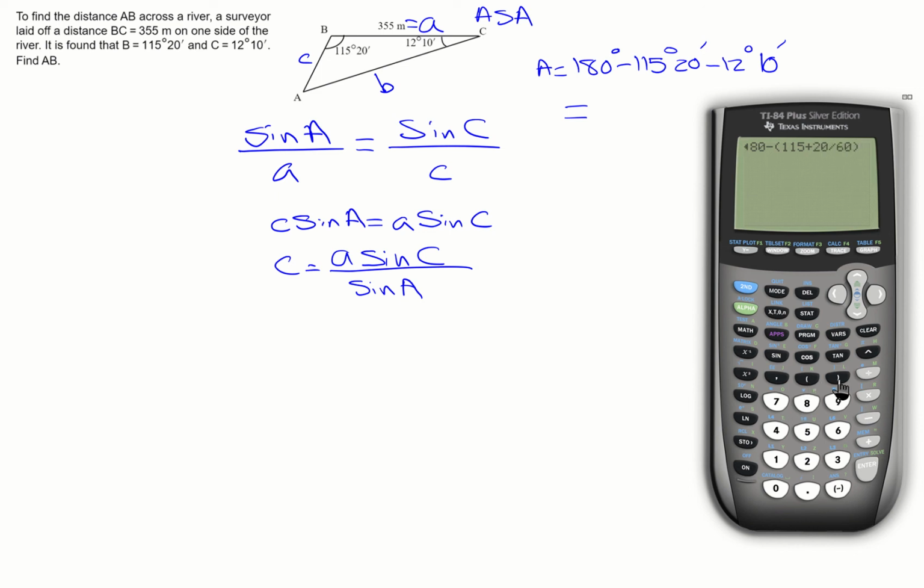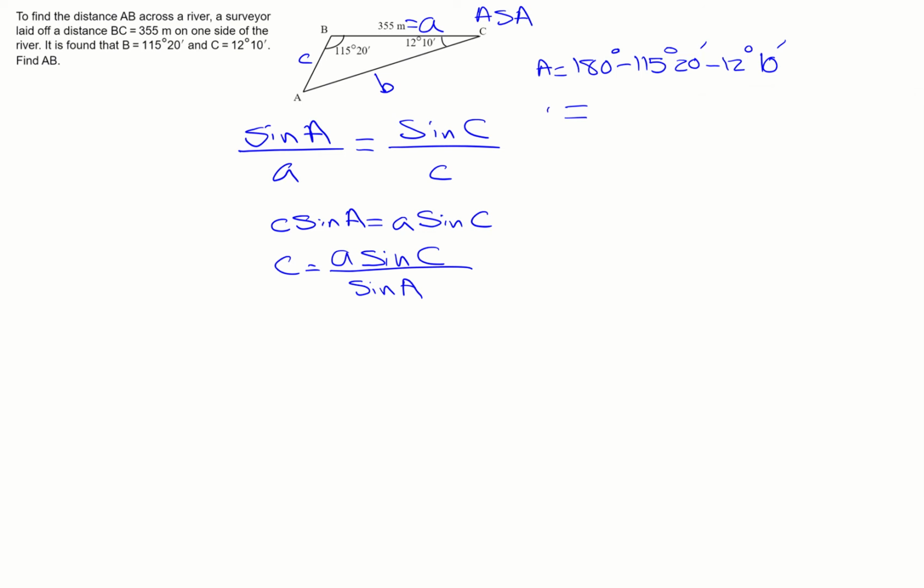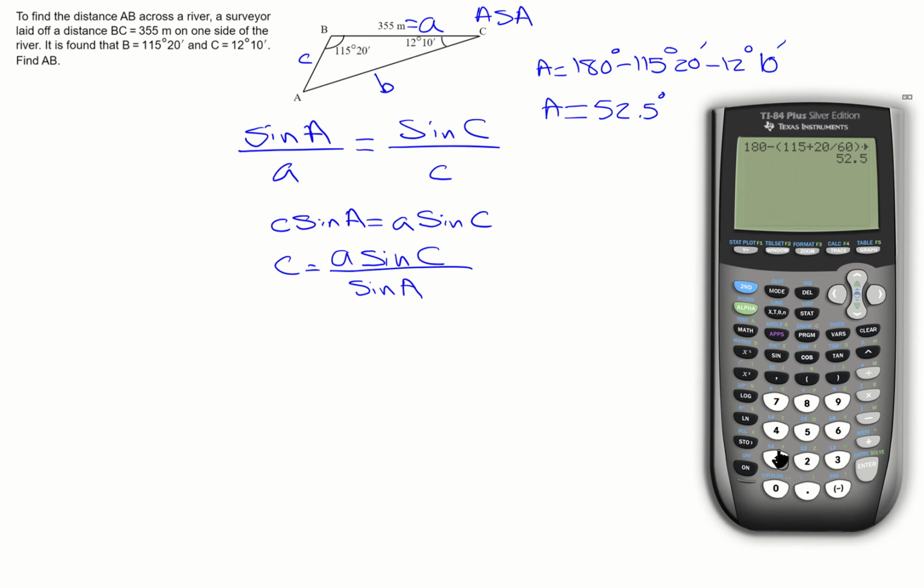So we'll close that parentheses and then we'll say minus, and again we're going to use parentheses, so we're going to put 10 plus 10 over 60 as well. So when we're done with all that, we get 52.5 degrees. So A equals 52.5 degrees.